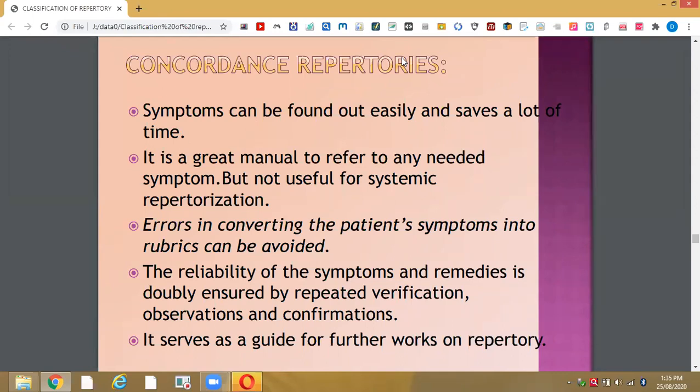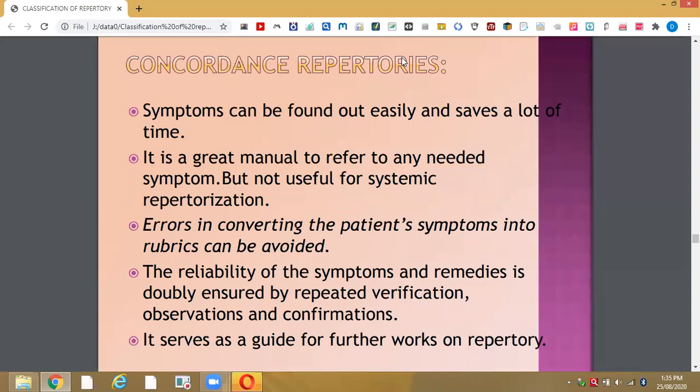So the symptom is reliable, the remedies are reliable. It was ensured by repeated verification, observation, and confirmations during drug provings, and then it was marked in these concordance or Puritan repertories. It serves as a guide for further work on repertory.